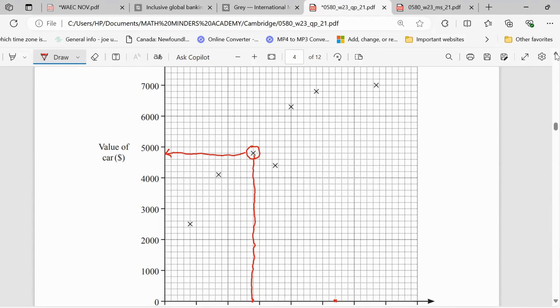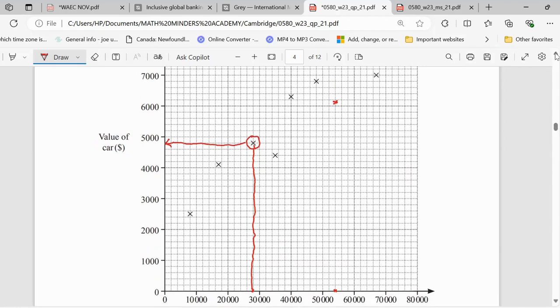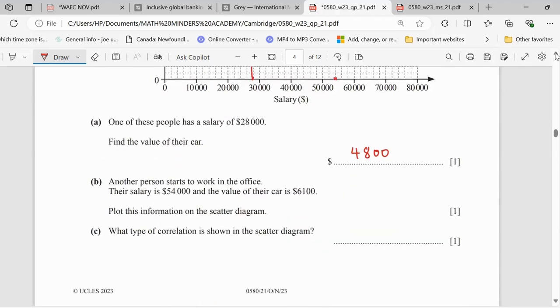So it's going to be in between, which is this point here. That is the 6,100. This point here corresponds with the one down. So we've been able to make that point on the graph.